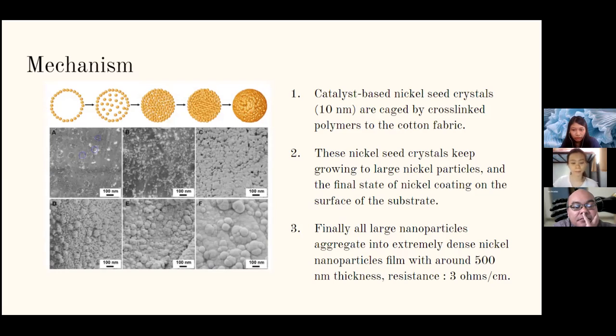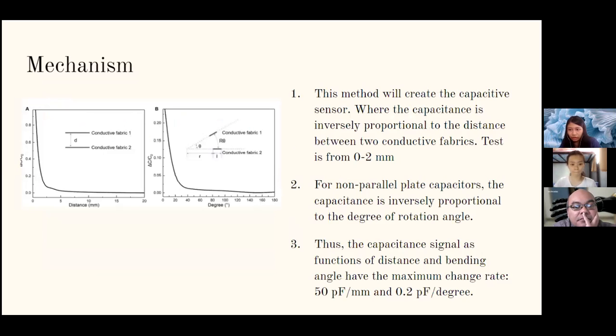So this method will create a capacitive sensor where the capacitance is inversely proportional to the distance between two conductive fabrics. So they create two different fabrics and test them together, and the distance that they test is from 0 to 2 millimeters. The second thing that they test is for non-parallel plate capacitors.